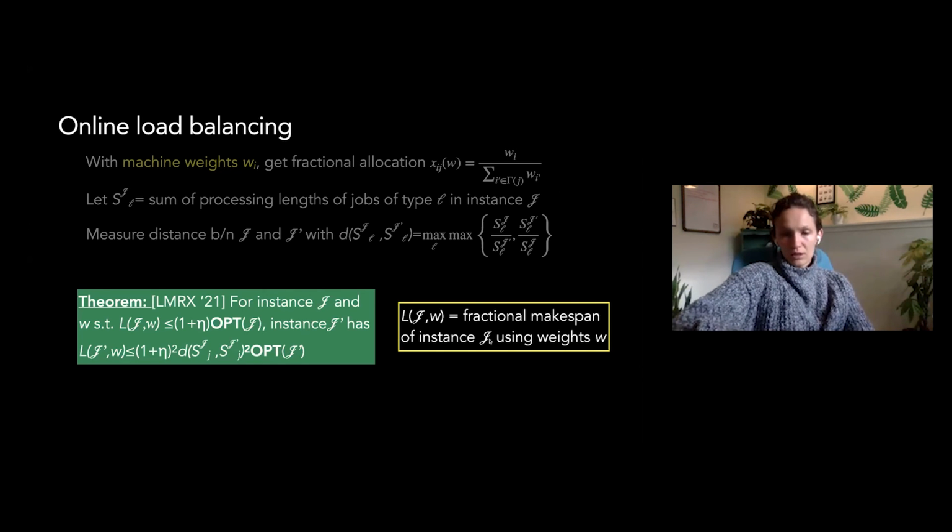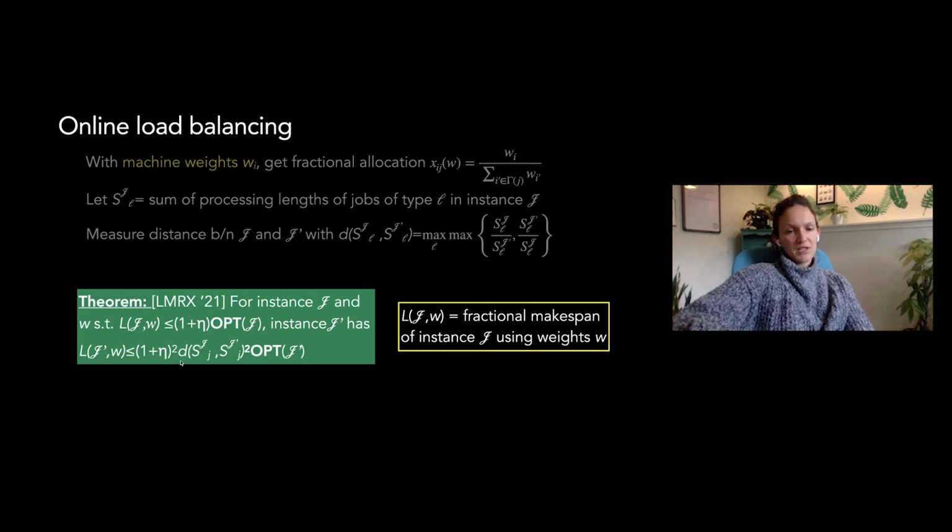All right, so letting L of J of W be the fractional makespan of instance J using weights W, which you get by doing this fractional load here. Then what the set of authors showed is that for an instance of jobs J such that the fractional makespan of J using the weights W is at most 1 plus eta off from the optimal, then the nearby instance J prime has fractional makespan at most 1 plus eta squared times the distance squared off from the optimum.